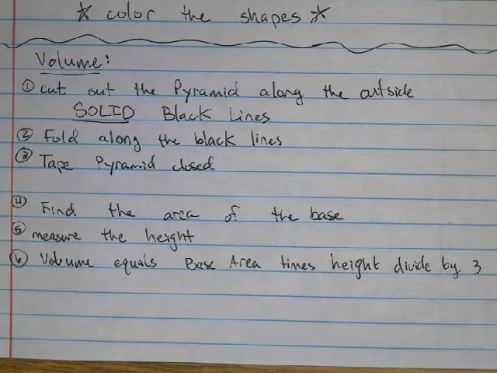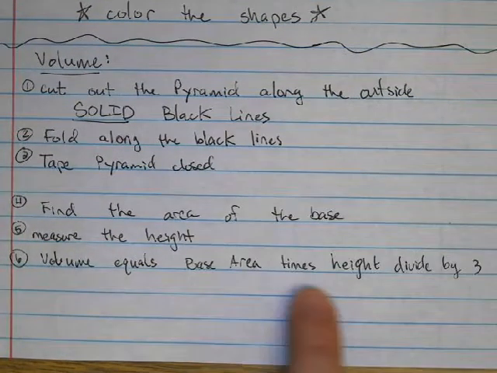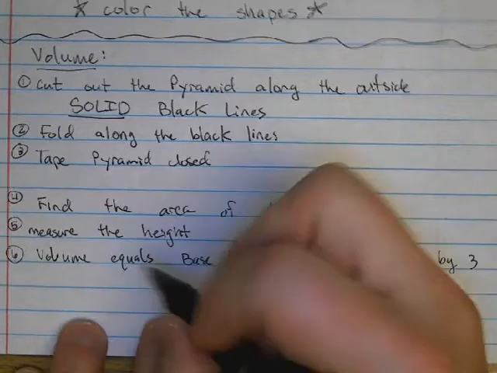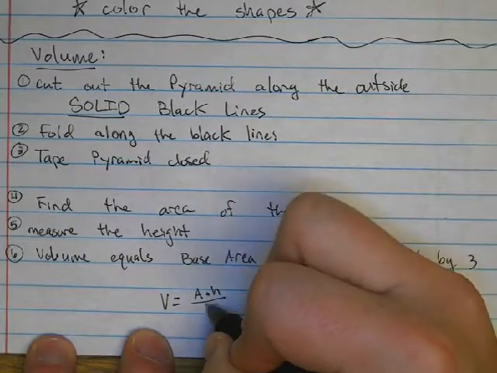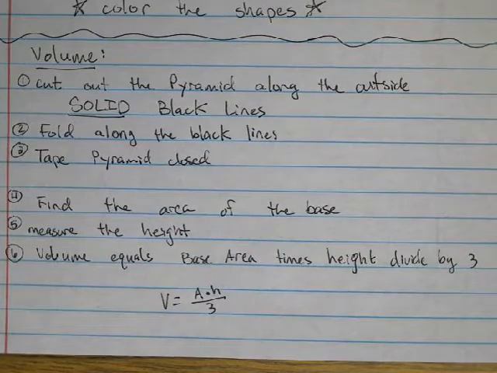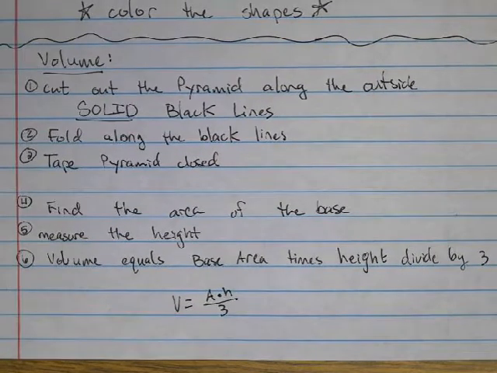So you take the base area, times it by the height, and then divide by 3. So V equals area times height divided by 3. Like that. So pause right here if you need to catch up on any of the writing, and then we're going to go to our assignment and look at that.